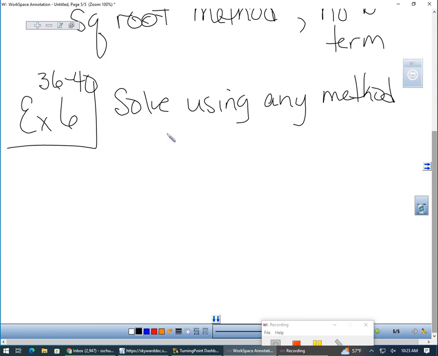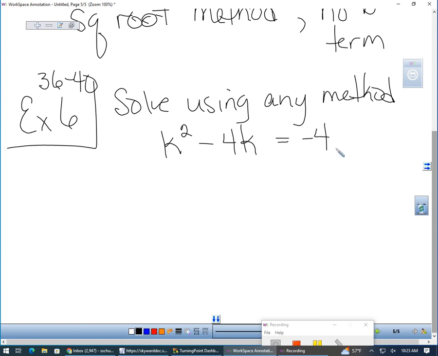So let's say I have k squared minus 4k equals negative 4. You can use that one. You can use the quadratic formula. You can factor it. You can do whatever method you want.